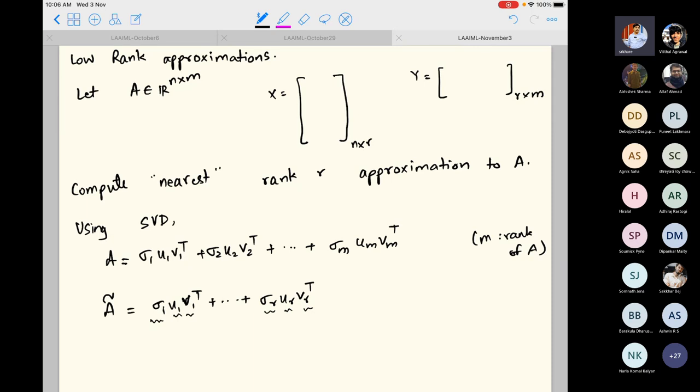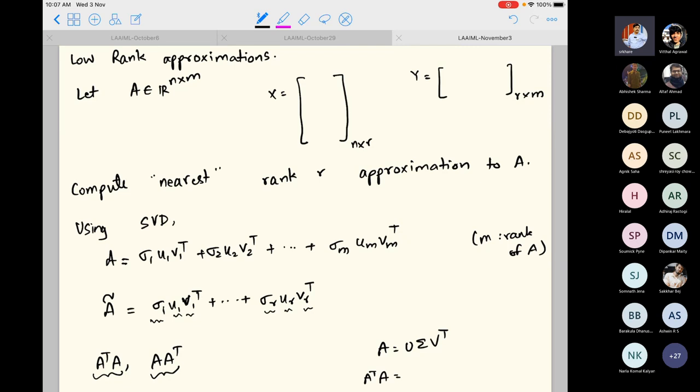Computationally, computation of singular values is essentially done through computation of eigenvalues of a matrix which is either A transpose A or A A transpose. So you compute these matrices. The matrix A transpose A we have already seen, and we call it a Gram matrix. Similarly you have A A transpose. And if you have A equal to U sigma V transpose, then what will be A transpose A?